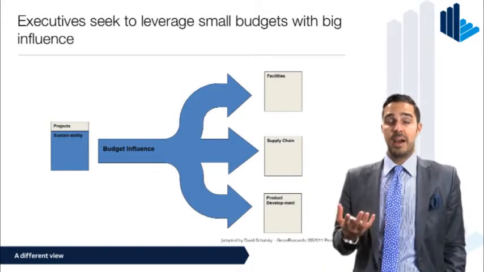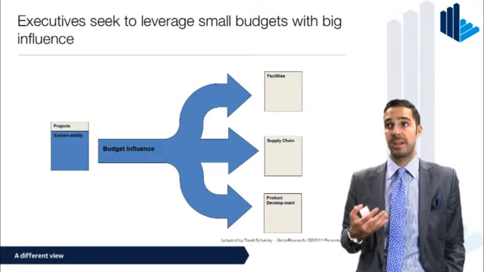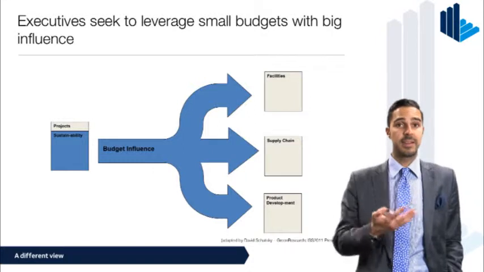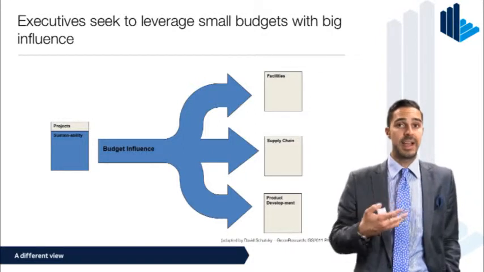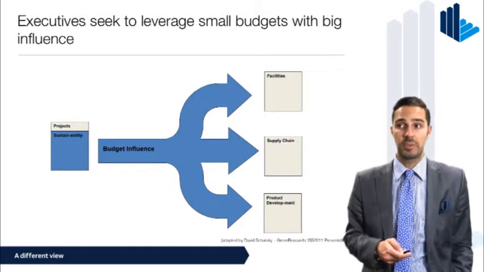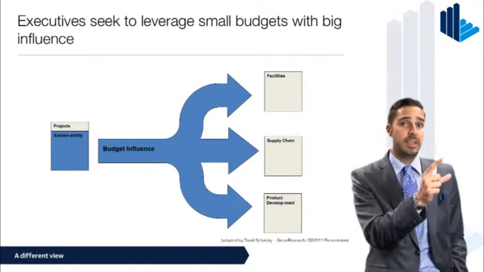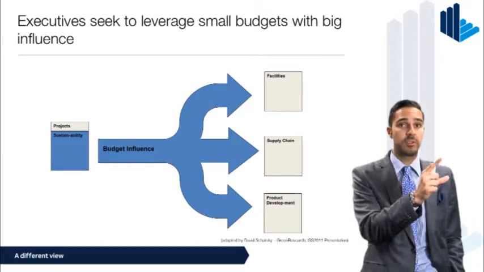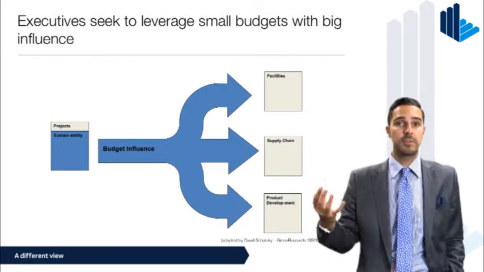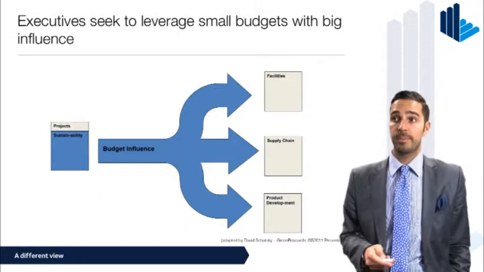We already discussed how basically executives seek to leverage small budgets with big influence. So they try to rely on the existing budgets of other line managers in order to develop sustainability initiatives. So basically there is a dedicated budget allocated to the sustainability team, but there are parts of other budgets that are used for developing and implementing sustainability projects.